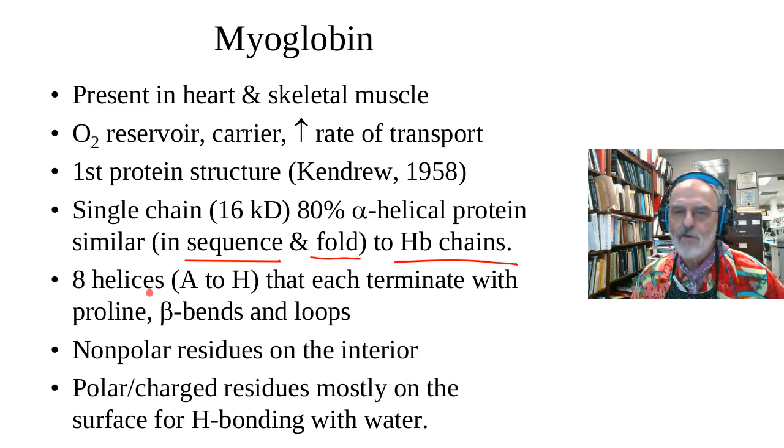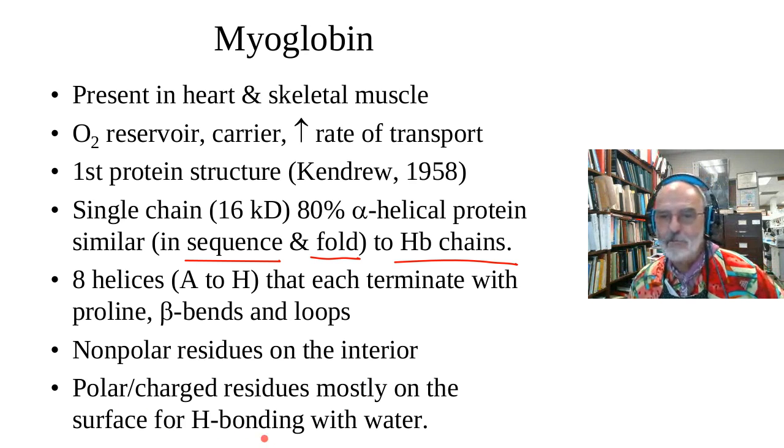There are 8 alpha helices labeled A to H. Each is terminated with a proline and a beta bend, or what is referred to as a loop. The nonpolar residues are on the interior. The polar residues are mostly on the surface for hydrogen bonding with water. So that's a solubility issue.